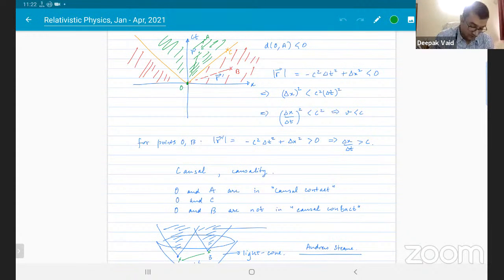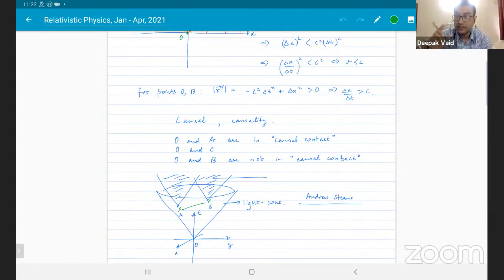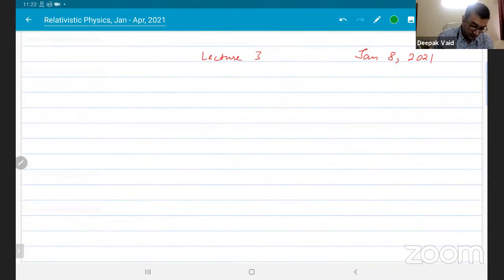If you have a space-like vector, it tells you that the two points are causally disconnected. And if you have a time-like vector, it tells you that two points are causally connected. So all this, of course, is a consequence of the postulates of special relativity, right?